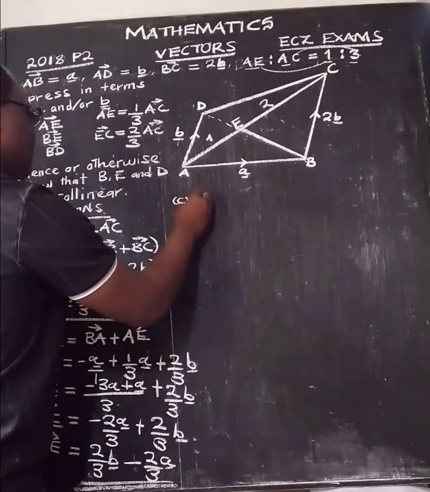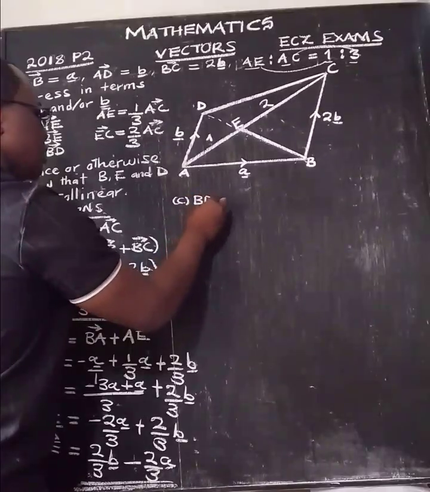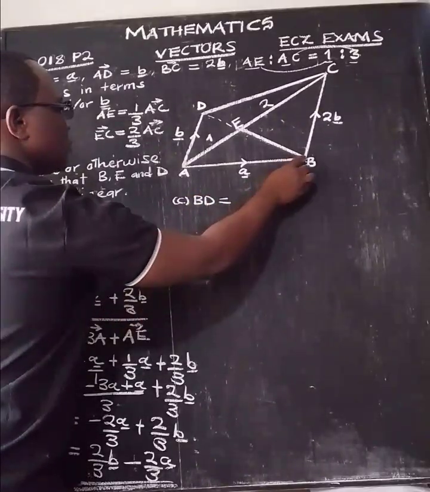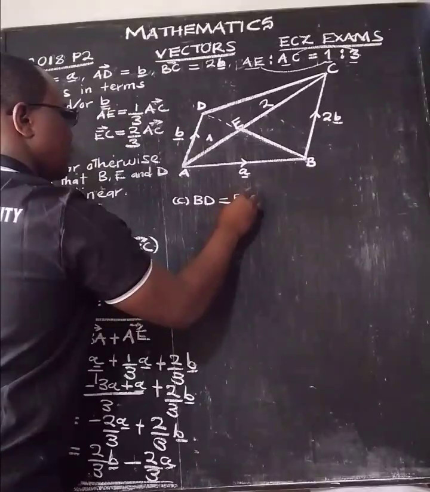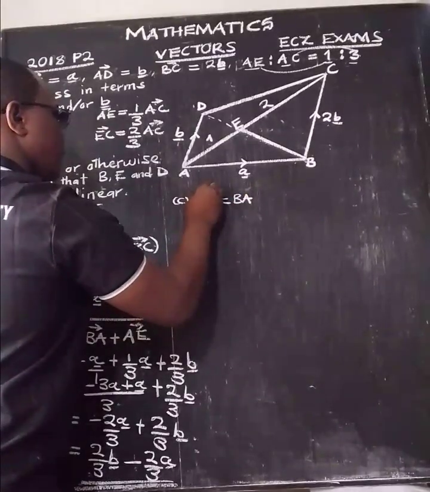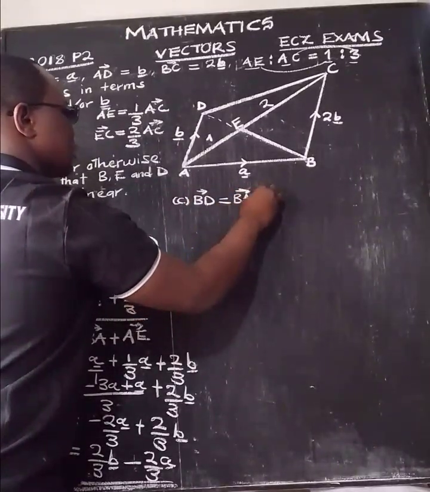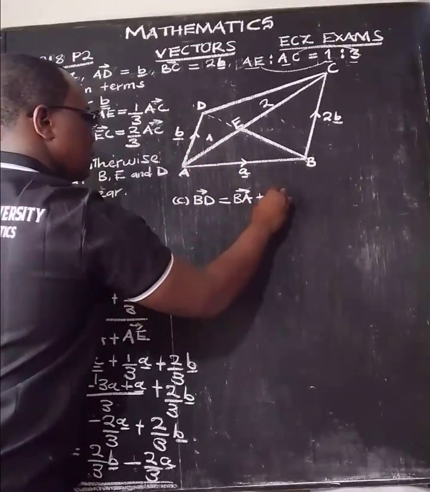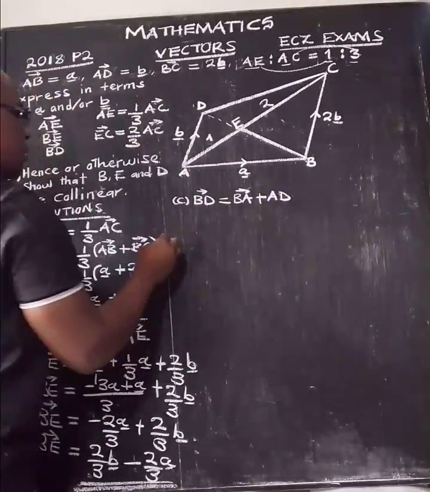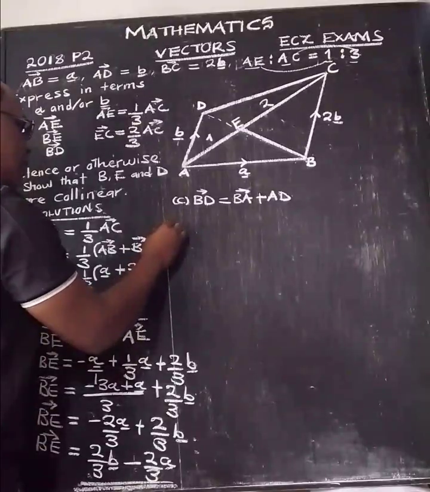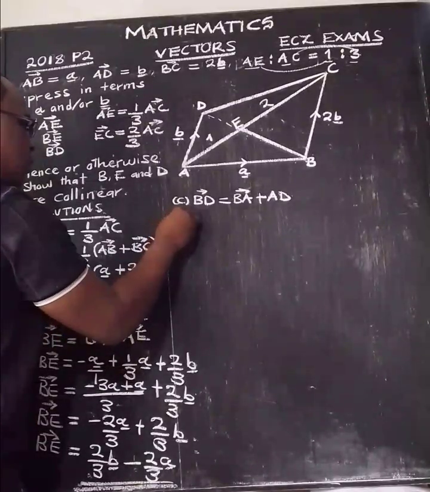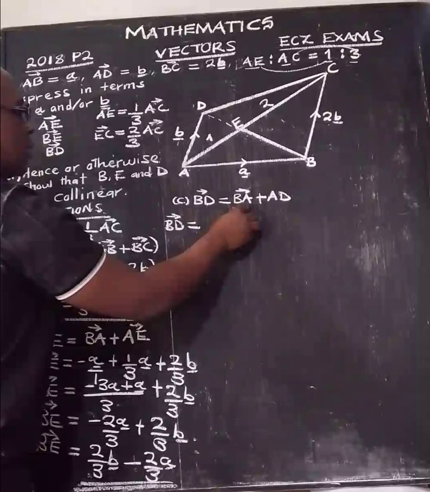So BD is equal to BA plus AD. So I can say BD is equal to, what is BA?